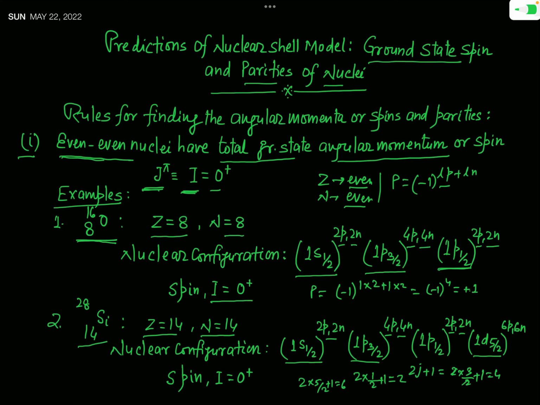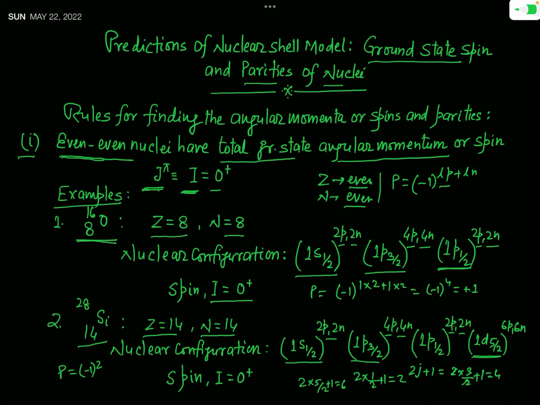As all the subcells are completely filled, the angular momenta add up to 0, and so the spin or total angular momentum is 0. And again, if you find the parity, you will find that it is actually even parity, that is positive parity. You can calculate it. P is equal to what? This is (-1) raised to the power L times P plus L times N. Again you can see the last subcell is D, and for D, L is equal to 2.